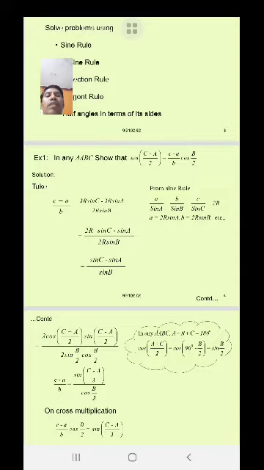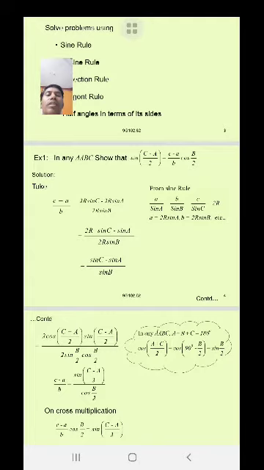Next, if we take 2R common from the numerator, we keep a bracket, which is not printed here, but we have to keep it. So in the bracket we have sine C minus sine A, over 2R sine B. The 2R cancels.